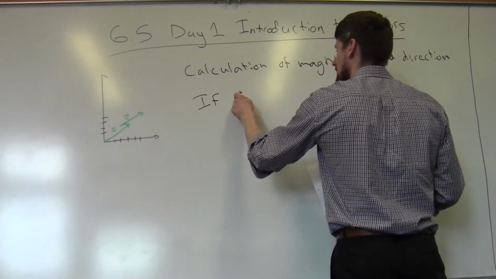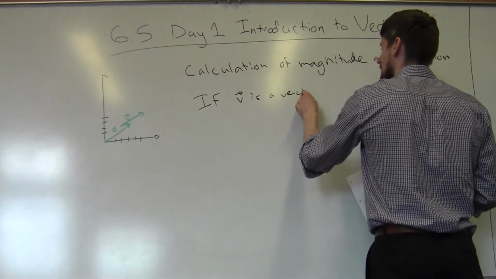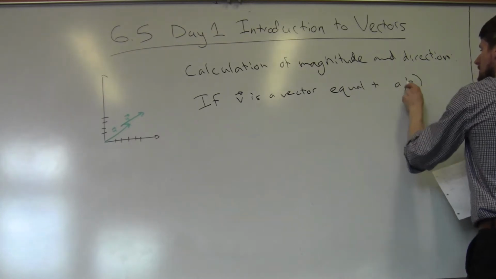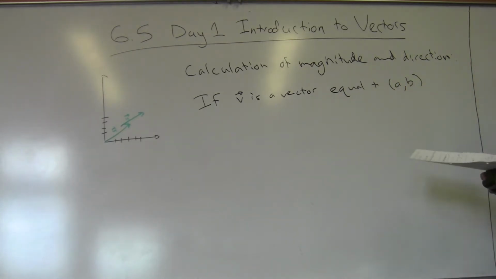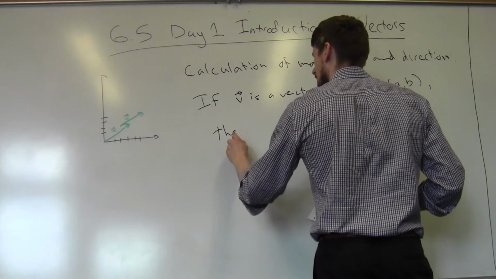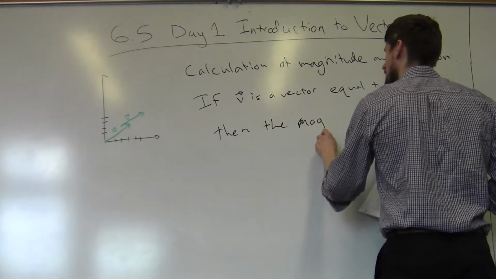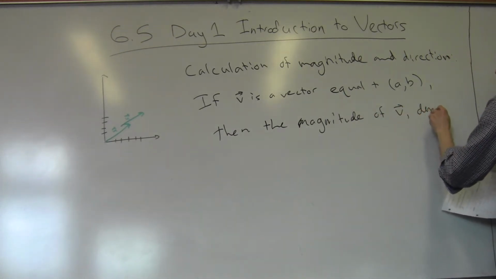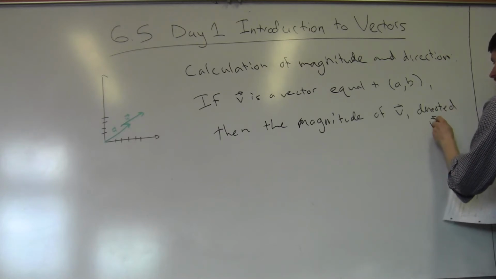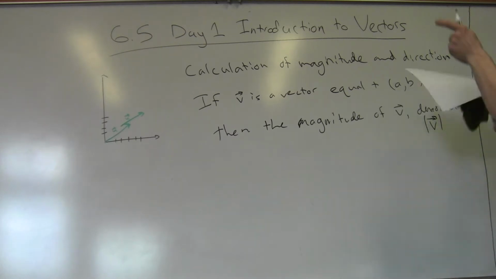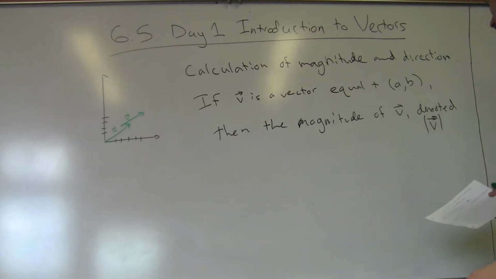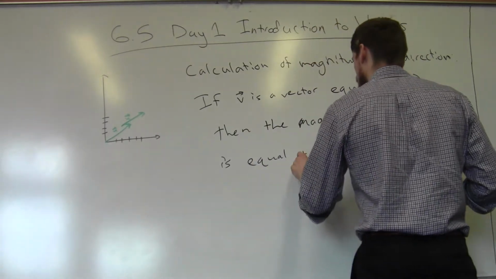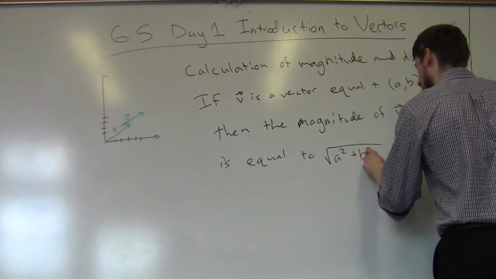So if v is a vector equal to a comma b, so some real numbers a and b, then the magnitude of v, denoted v with absolute value bars on either side of it, is equal to the square root of a squared plus b squared.